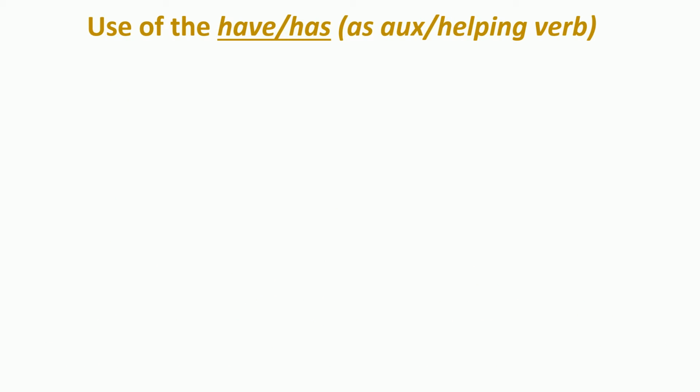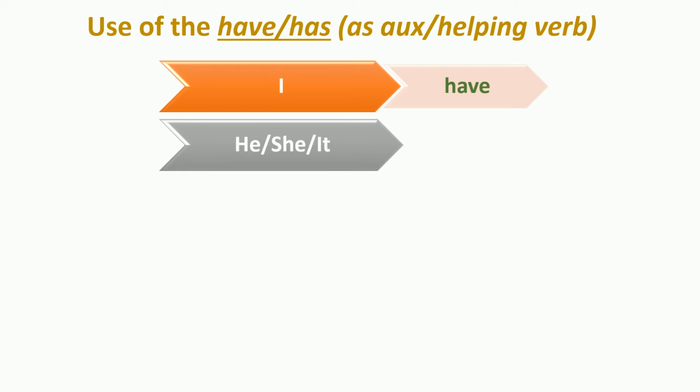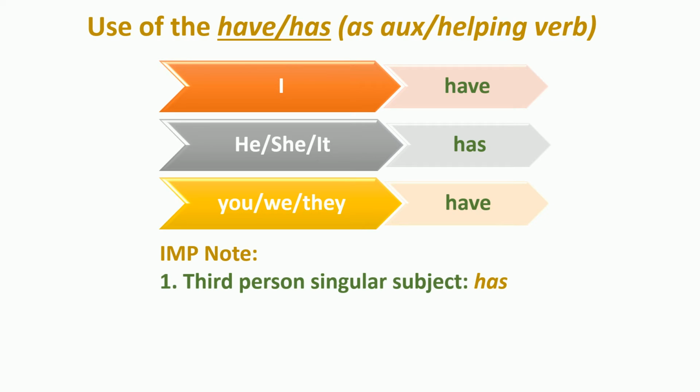Let's learn the use of have and has, which are the auxiliary verbs, or they are also called helping verbs. With I, we use the verb have. With he, she, it, we use has. With you, we, and they, we use have. Please note here, with third person singular subject, we use has. For example, he has, she has, it has.